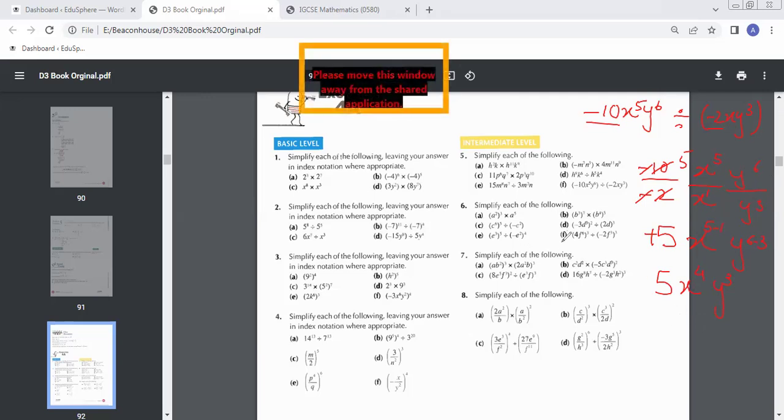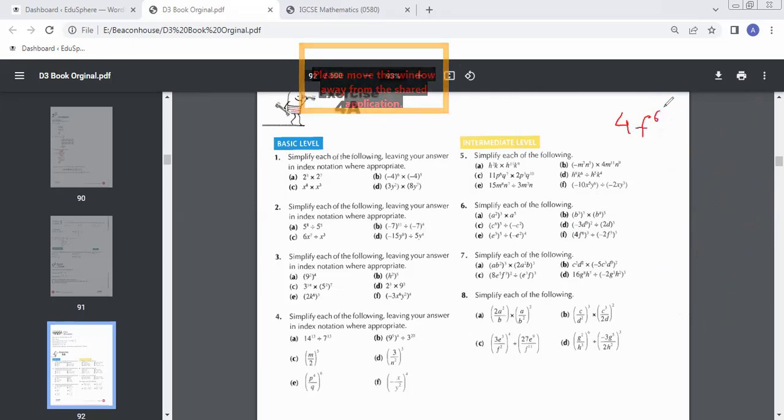Let me take one example from this F part, question number 6. Okay, this says F6, and on top of it, it's written cube, and it is also written divided by minus 2F cube, and on top of it, it's the cube.